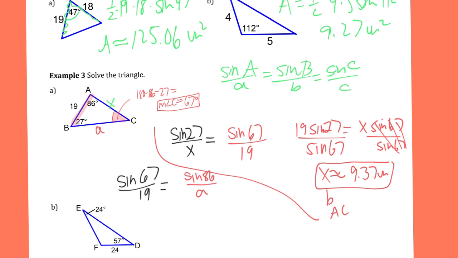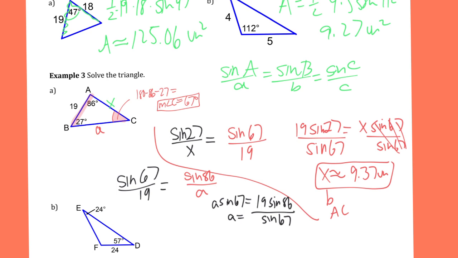So the sine of an angle over the related side across from it is equal to the sine of another angle in the same triangle over the side across from it. If we cross multiply to solve, we get A sine of 67 is equal to 19 sine of 86. So A is equal to that, dividing both sides by sine of 67.